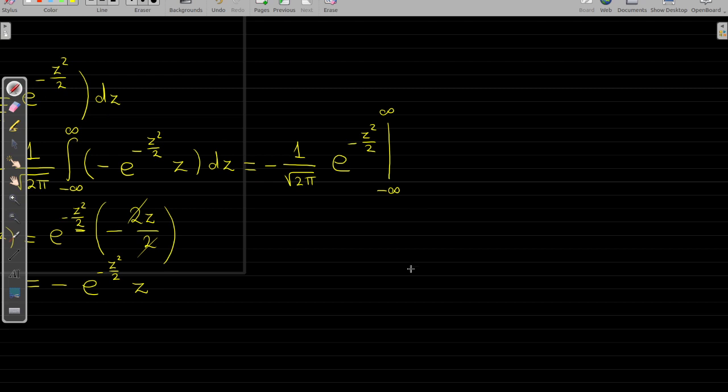Now all we have to do is to replace the limits of the integral. So let's go ahead and do that. So this is -1 over square root of 2 pi. And here I will have exponential of minus z squared. And that is going to be infinity squared, which is just infinity. So this is going to be minus infinity. Now, this is minus exponential again. And by replacing minus infinity squared is going to be infinity anyway.